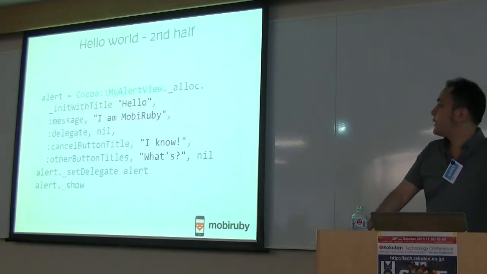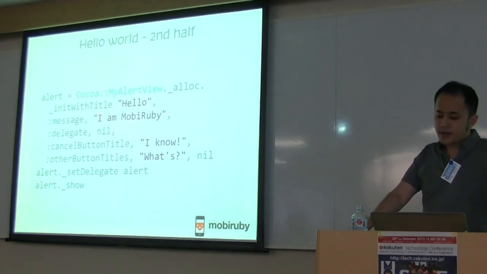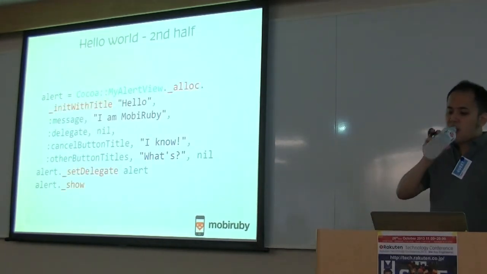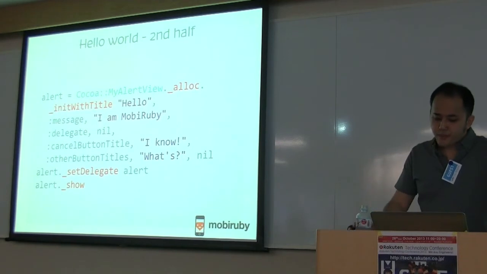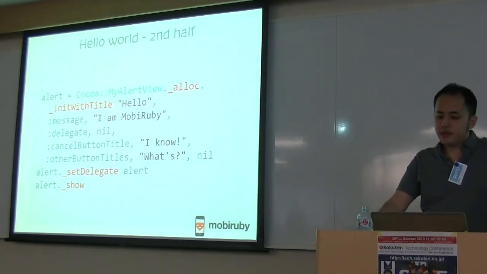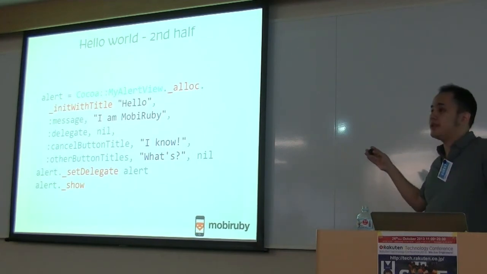In the second half, it creates a MyAlertView object instance and shows this alert box. When you call an Objective-C method, you need to start with an underscore, as in this slideshow.